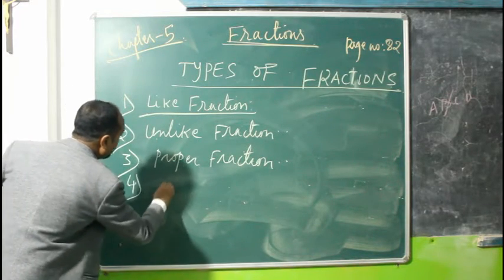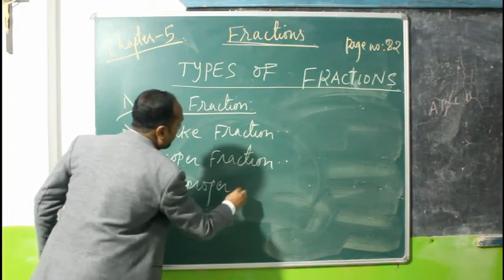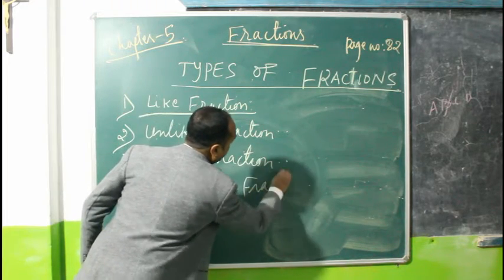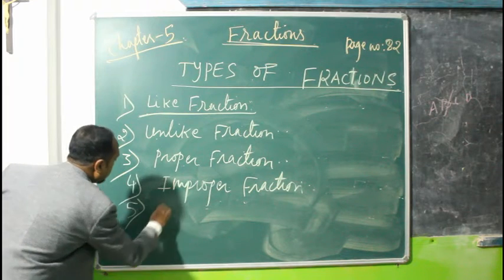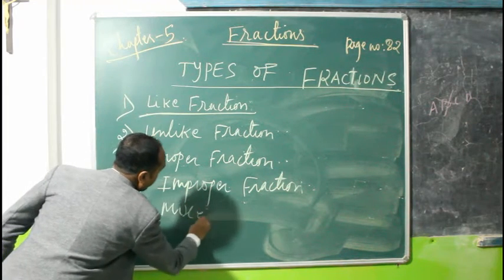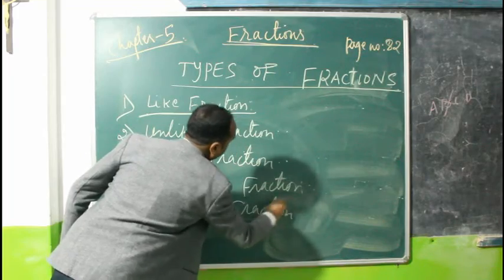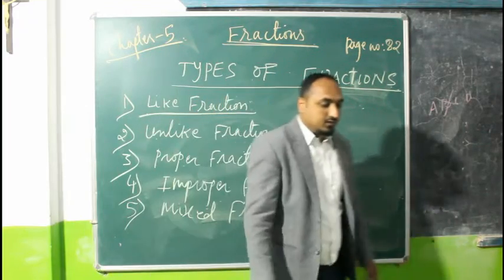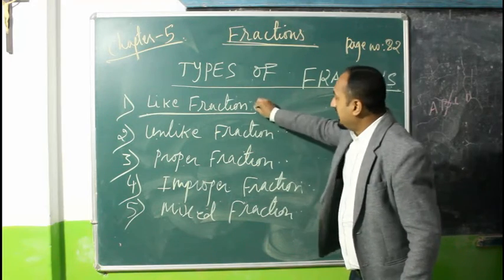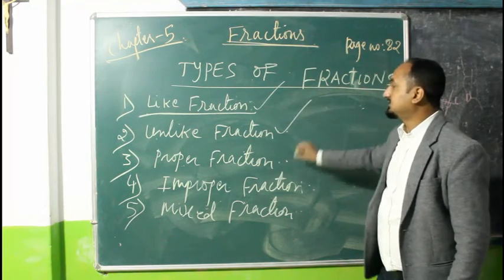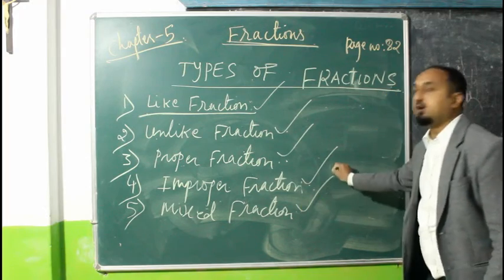Number 4 we have improper fraction. Number 5 we have mixed fraction. So these are the 5 different types of fraction: like fraction, unlike fraction, proper fraction, improper fraction, and mixed fraction.